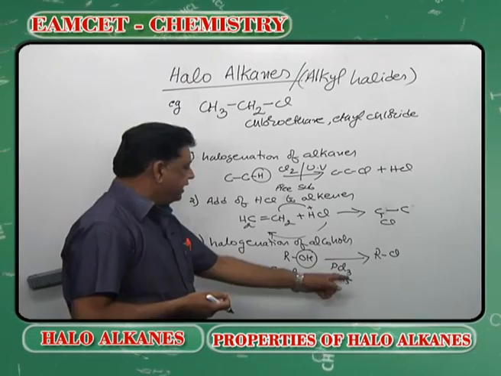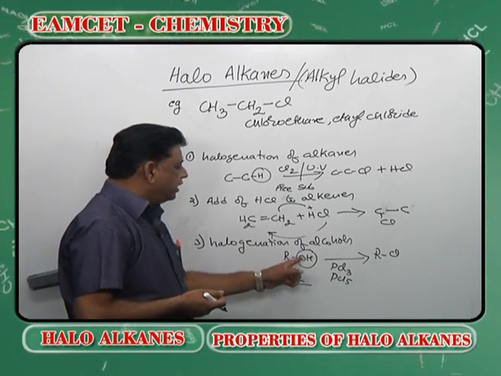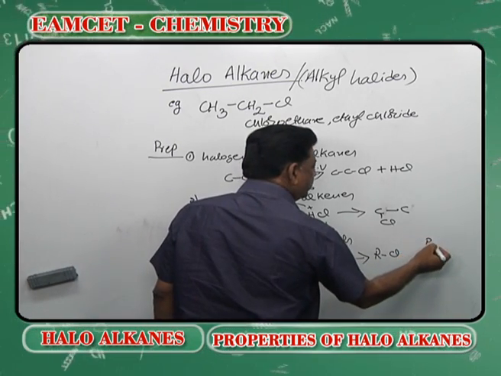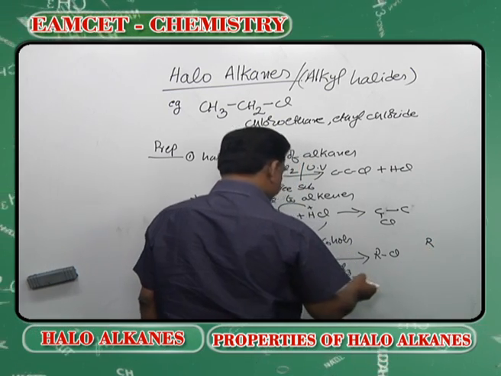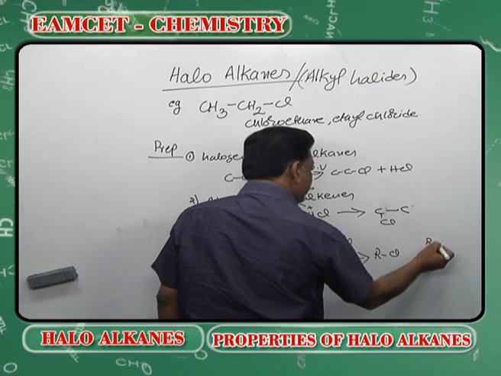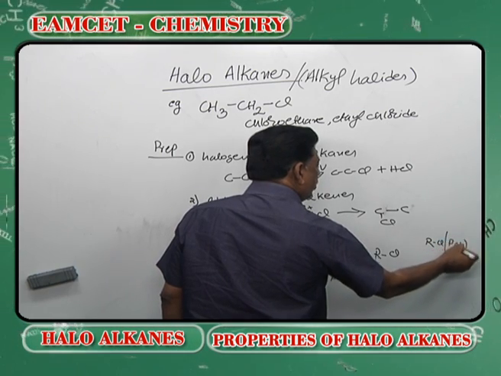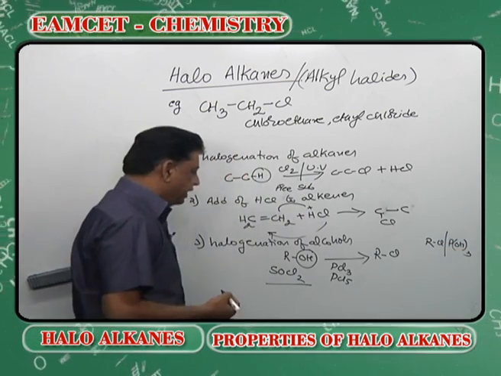In the case of PCl3, the Cls will come here, OH will go, and you will get RCl. In addition, the P will take up the OHs thrice. This will be the byproduct.